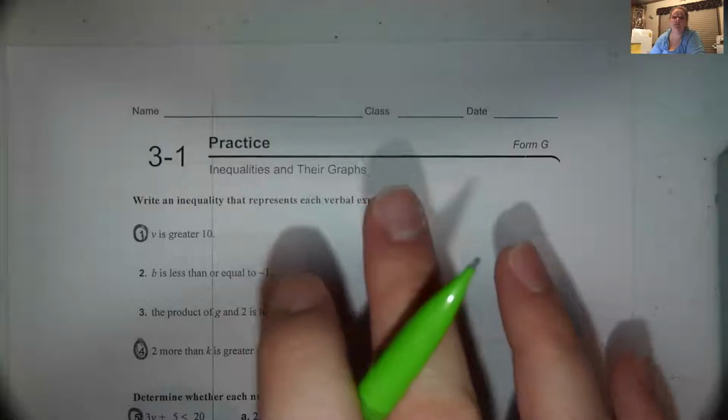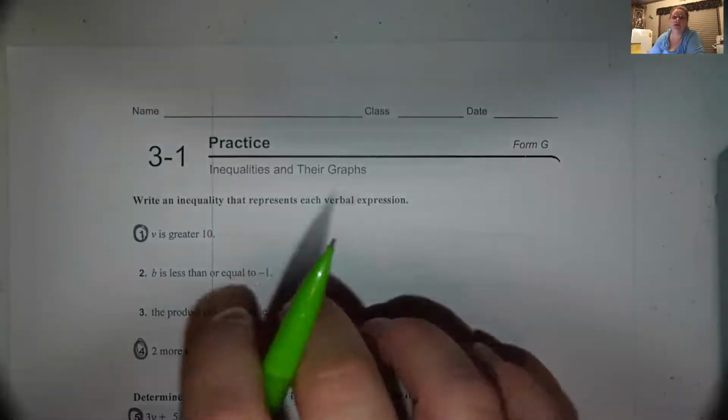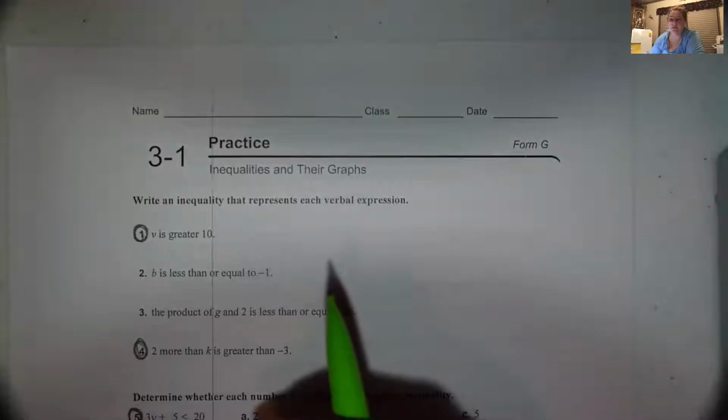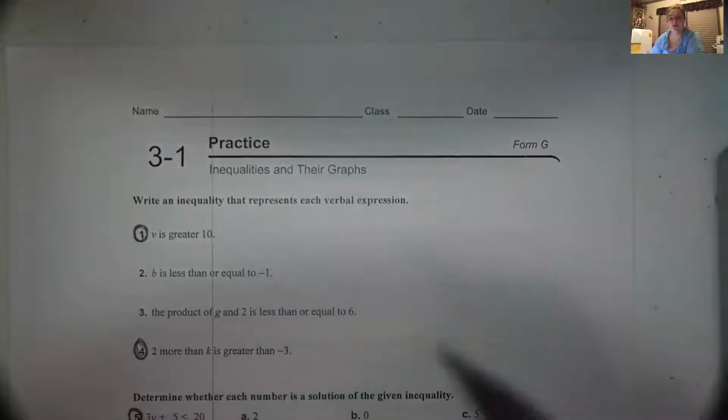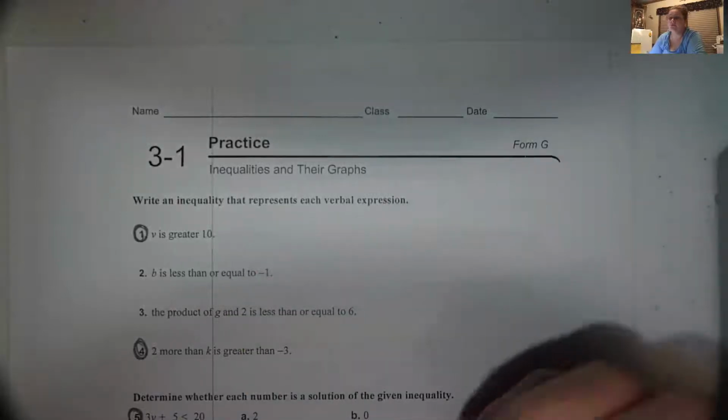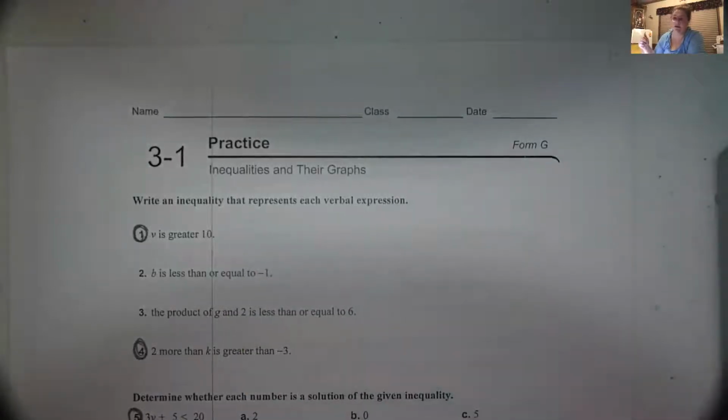The problem is we are not printing out papers because we're getting ready. We're transitioning into our distance learning, so I'm going to try to not give you papers. What you need to do is have these up on your computer screen and physically write them down on a regular piece of notebook paper.